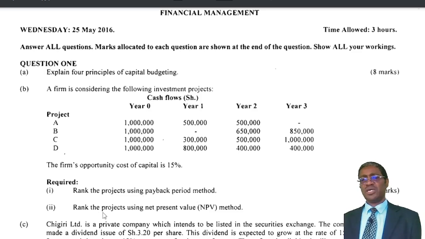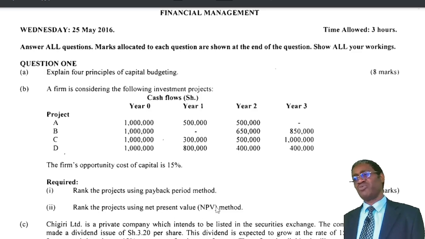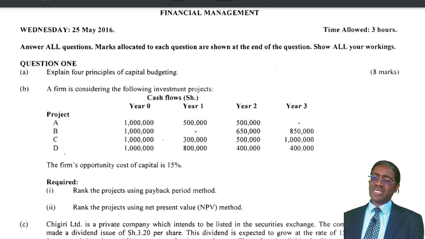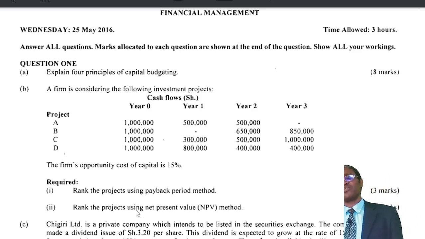Number B, rank the projects using the net present value method. We have not discussed the net present value method, and that's where the cost of capital will be required. Otherwise, we don't take time value of money into consideration when doing payback period.